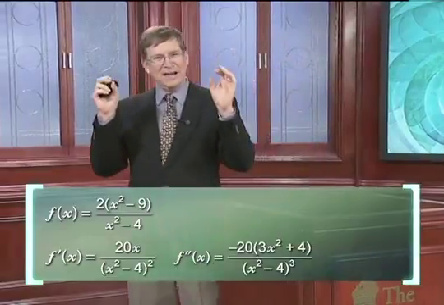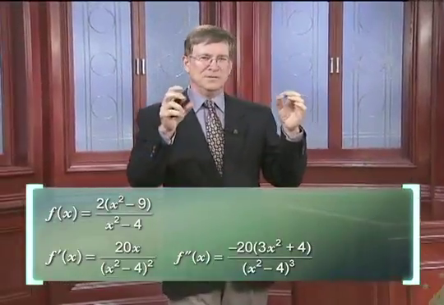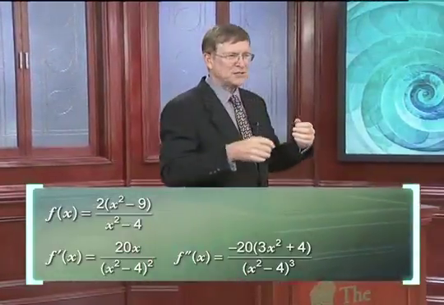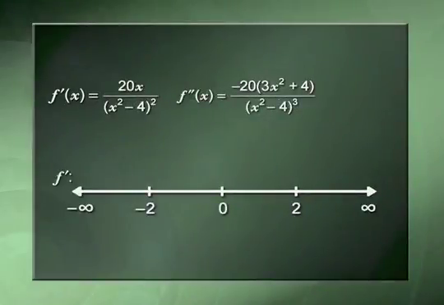Let's now analyze the first and second derivative using this argument of test intervals. So the first derivative, we'll draw our little number line, and the key points are minus 2, 0, and 2. I admit minus 2 and 2 are not critical numbers, but the increasing, decreasing nature of the function could change there, even though they are not critical numbers.